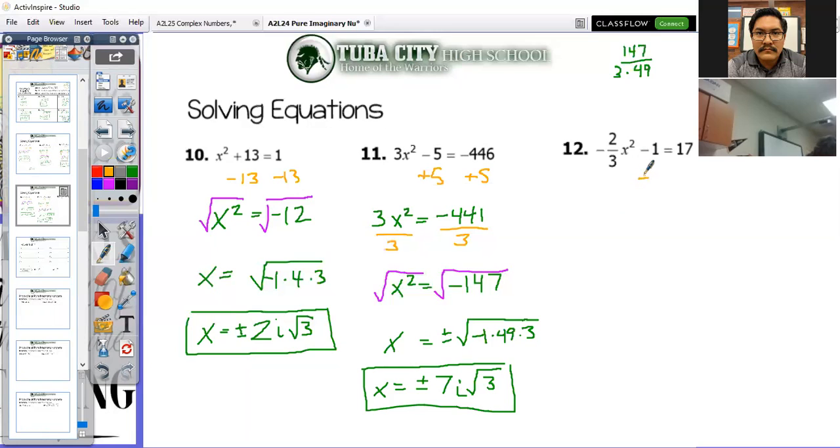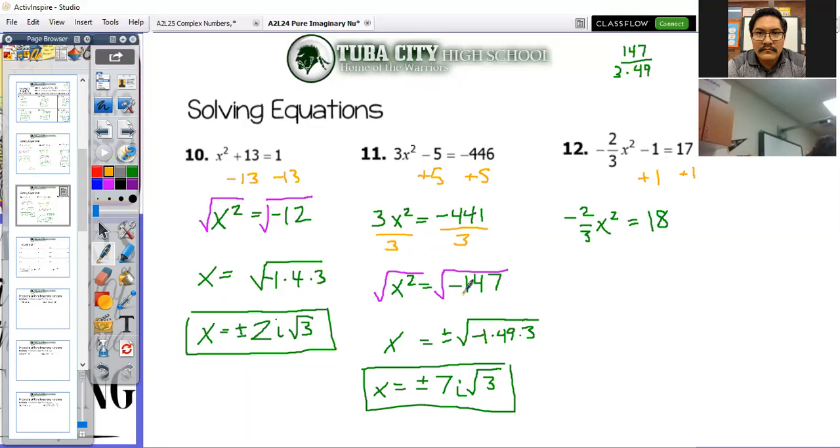All right, so same thing, let's do our adding and subtracting first. Negative 2/3 x squared equals 18. Now you could do this one at a time and multiply both sides by 3 and then divide both sides by negative 2.